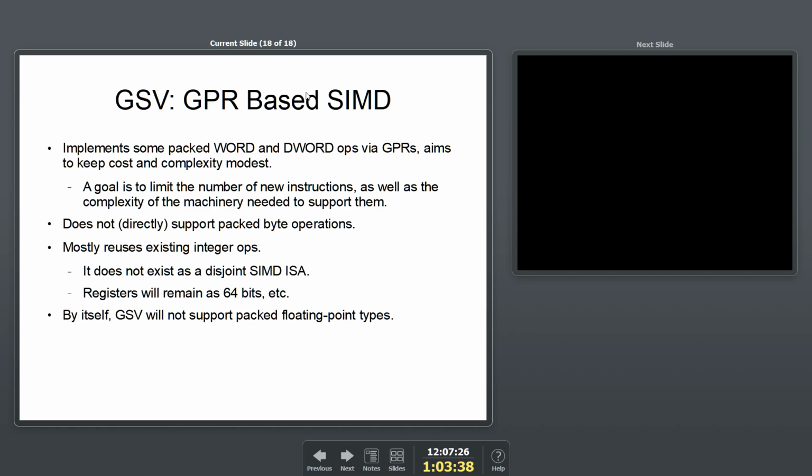Just say, use the word results where you assume that all the carry ins are zeros and similar. It's basically cost saving, and more complicated things like saturating arithmetic and similar are not currently supported in GSV.